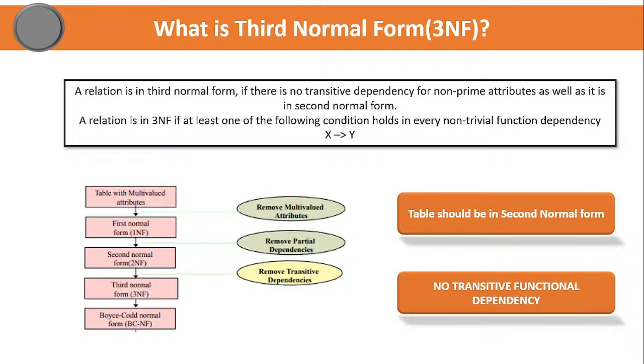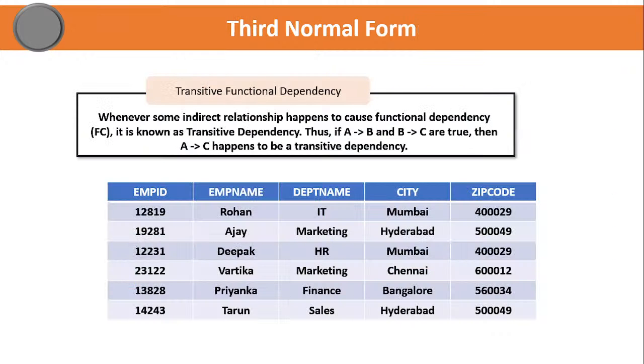Meaning, when no transitive dependency exists for the attributes that are non-prime, then the relation can be said to be in 3NF. In simpler words, if it is in 1NF and 2NF, and none of the non-primary key attributes transitively depend on the primary key, then we can say that the relation is in third normal form, 3NF.